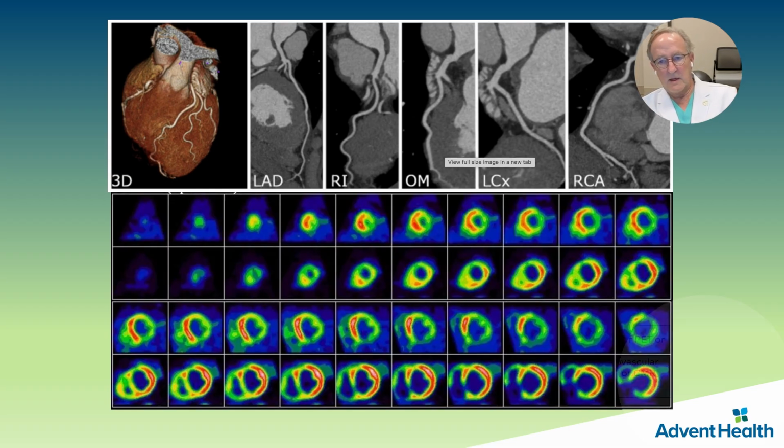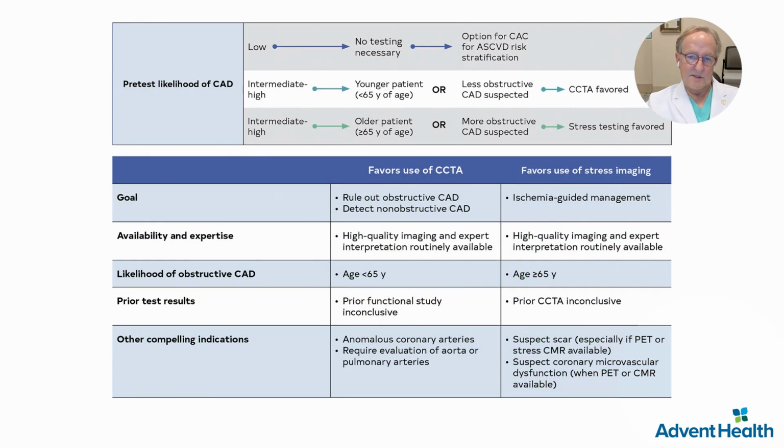And there are uses, or I would say clues that favor one or the other. If your pretest likelihood of coronary disease is low and maybe no testing involved, most patients these days will go to coronary artery calcium scoring as an outpatient. Totally another subject for discussion.